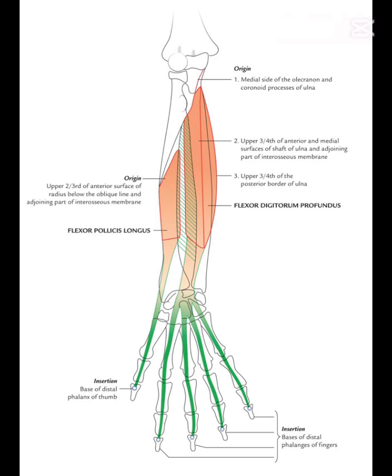So remember, PFF: you have the Pronator Quadratus, the Flexor Pollicis Longus, and the Flexor Digitorum Profundus. These are the 3 muscles in the deep compartment of the forearm. When you remember the Flexor Digitorum Profundus, you say the bulkiest and biggest muscle in the forearm. After it is the Flexor Digitorum Superficialis.